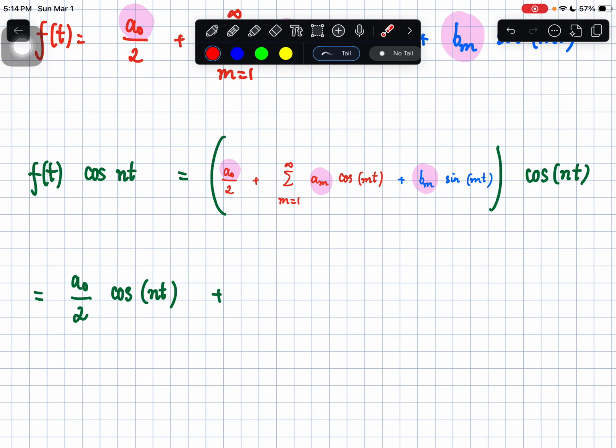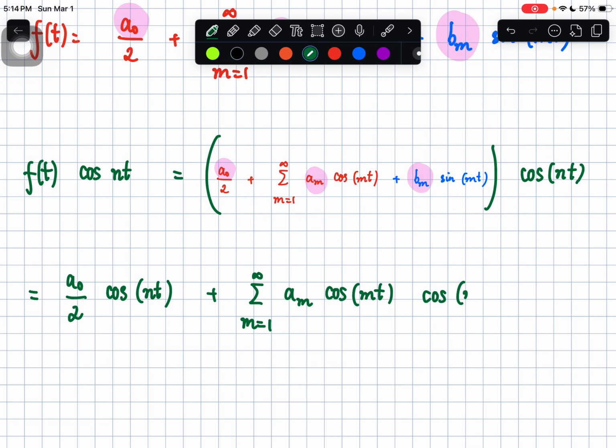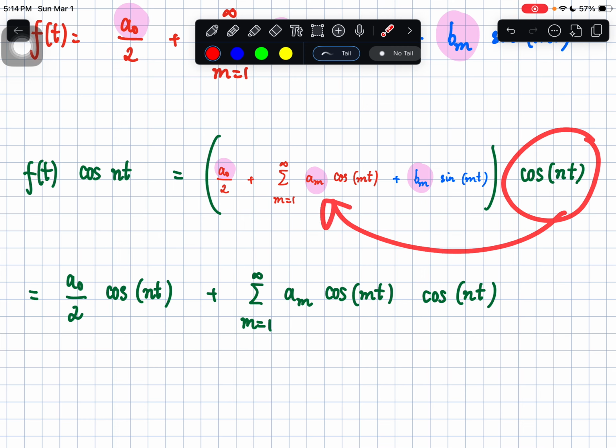The sum here, I can just use the distributive property. This one, m from 1 to infinity, am cosine mt cosine nt. So I multiply this to this term and do the same for the second one.